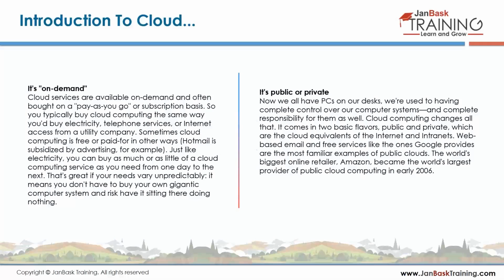Why it's called infrastructure as a service or PaaS or SaaS, we'll get to know. When we are talking about IaaS, PaaS, and SaaS, we'll understand which components are managed by the vendor and which components we, as a customer, have to manage. We'll see that as well.